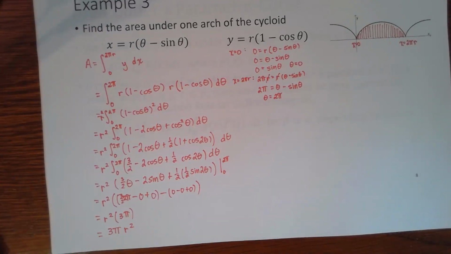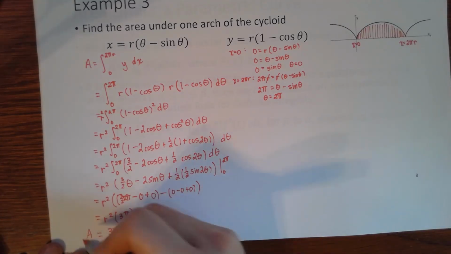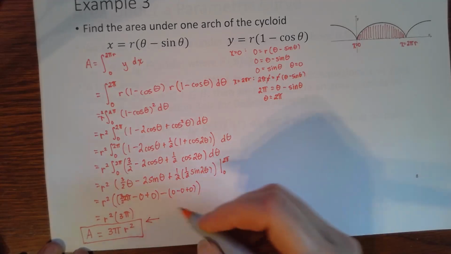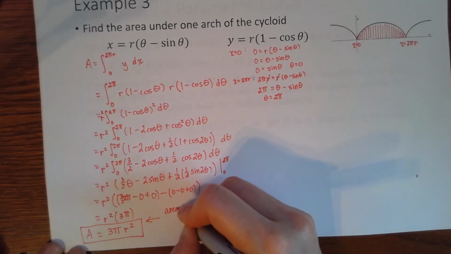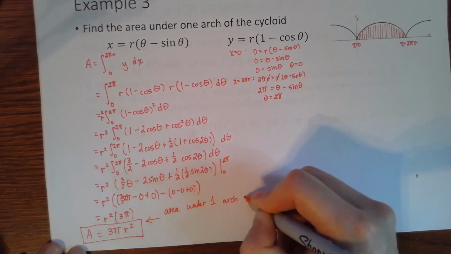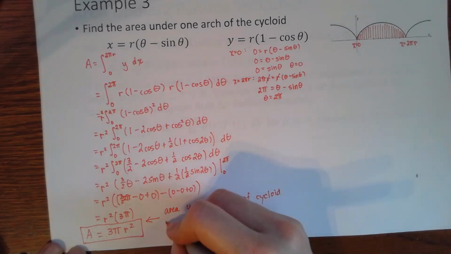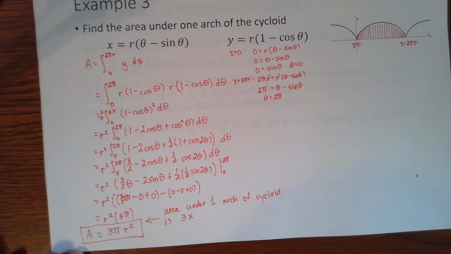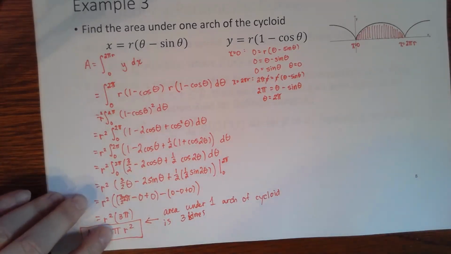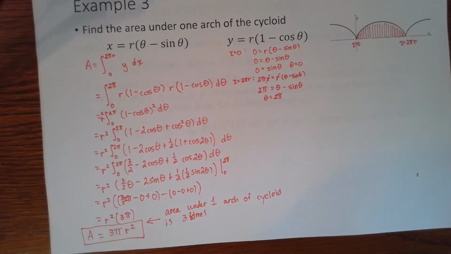Okay, and so what's interesting about this is that the area under one arch of a cycloid is 3 times, and so I'll just write out times. And notice pi r squared is the area of a circle of radius r.